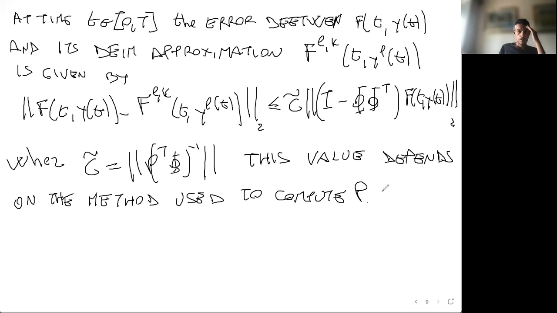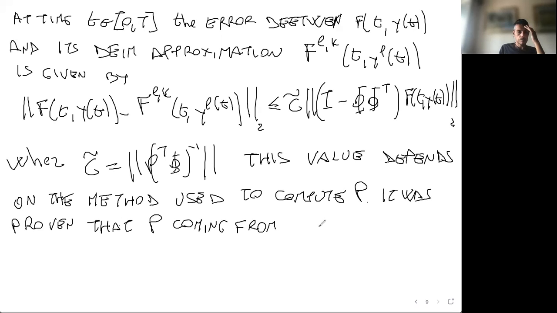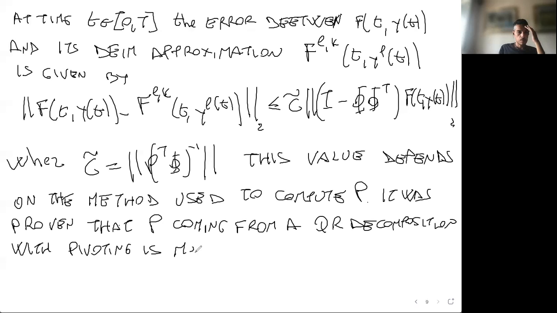It was actually proven that P coming from a QR decomposition with pivoting is more stable.